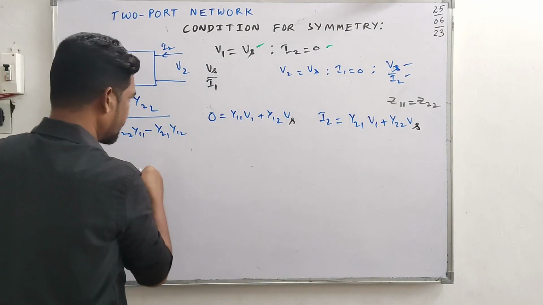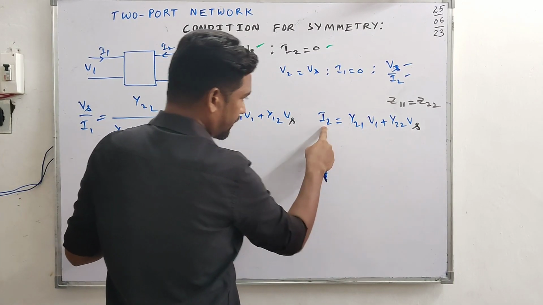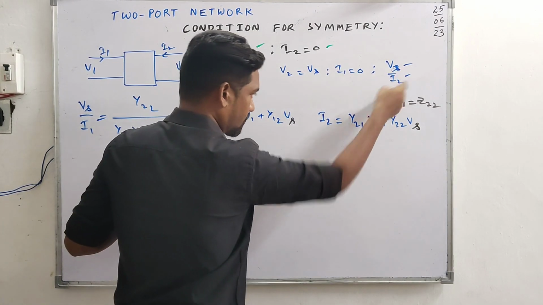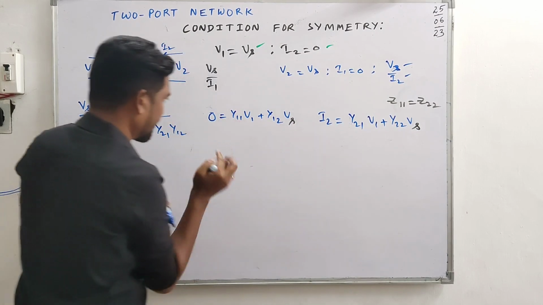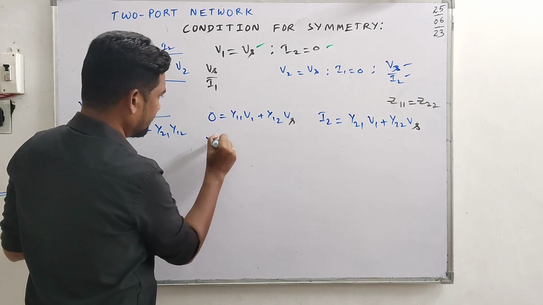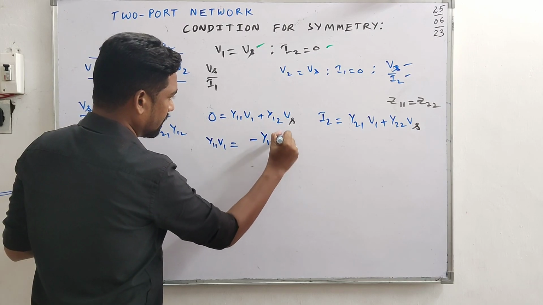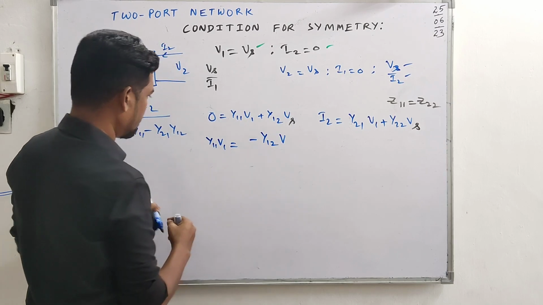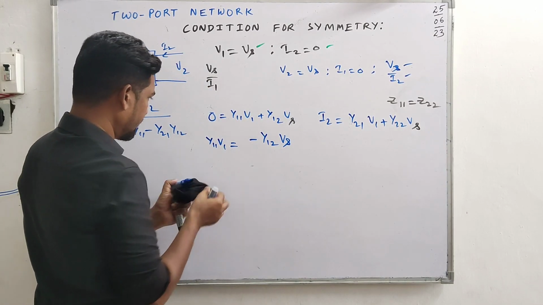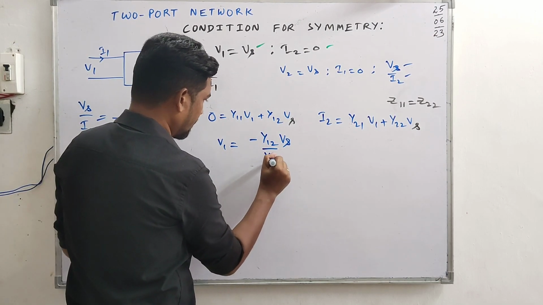Whatever we have done for the first case, we'll have to do for this one. Here we have Vs and I2, which have no direct connection in this ratio, so V1 has to be eliminated. From the first equation, y11 V1 will be equal to negative y12 Vs, so V1 will be equal to negative y12 Vs by y11.